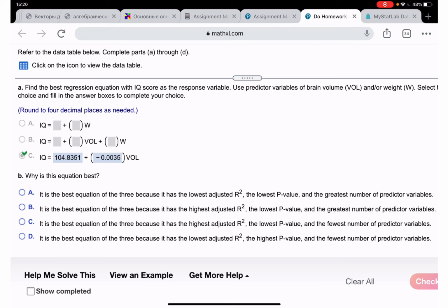These two conditions make the best fit, and even fewer predictors. The words are so similar, it's easy to confuse which one. Highest and lowest, the greatest number, no. Fewest number, the best of 3 because it has the lowest, okay, C.